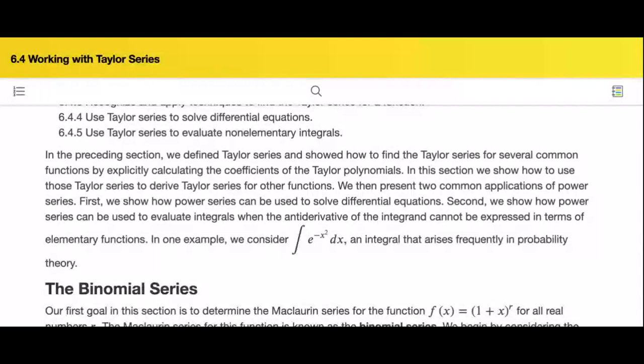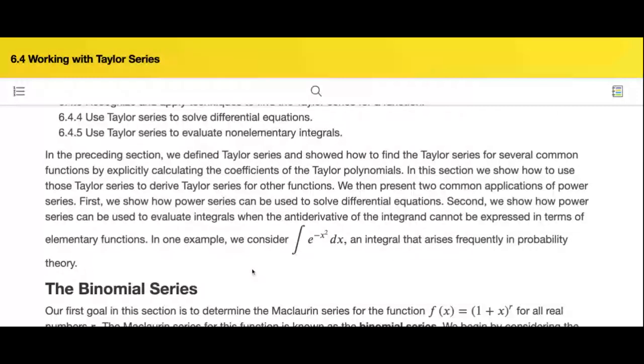Second, we show how power series can be used to evaluate integrals when the antiderivatives of the integrand cannot be expressed in terms of elementary functions. What does elementary functions mean? Polynomial functions, rational functions, exponential functions, logarithmic functions, and trigonometric functions. Those five types are called elementary functions.